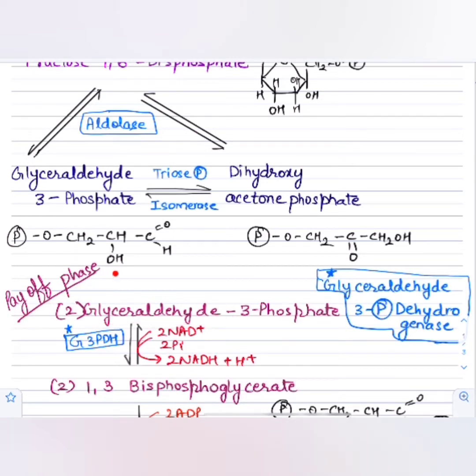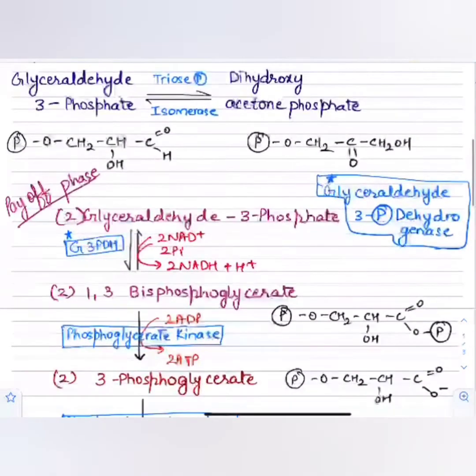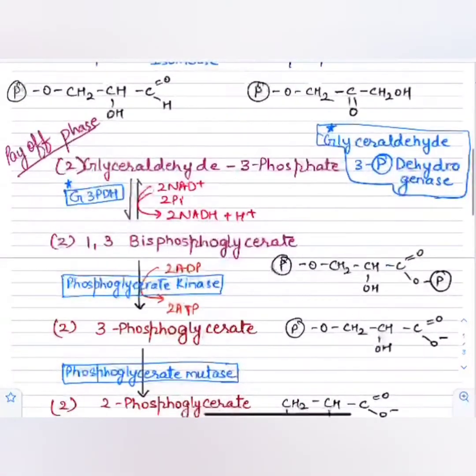Now two molecules of glyceraldehyde 3-phosphate in the payoff phase. It's called payoff phase because in this ATP will be given back to the cell. So two molecules of glyceraldehyde 3-phosphate convert into 1,3-bisphosphoglycerate. Because at the first carbon a phosphate group is added, for this 2 NAD+ molecules convert into 2 NADH plus H+.